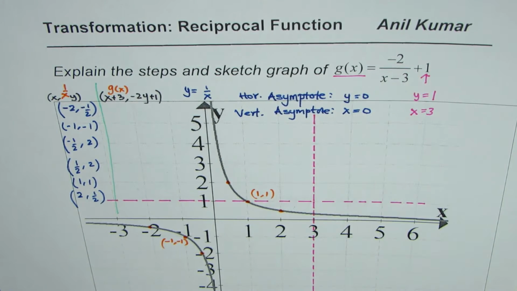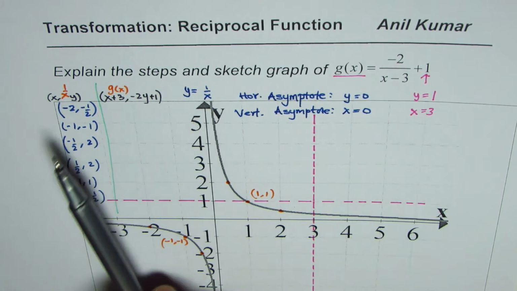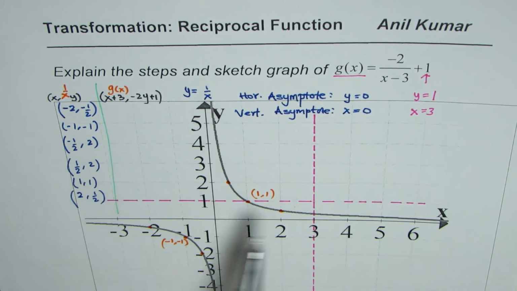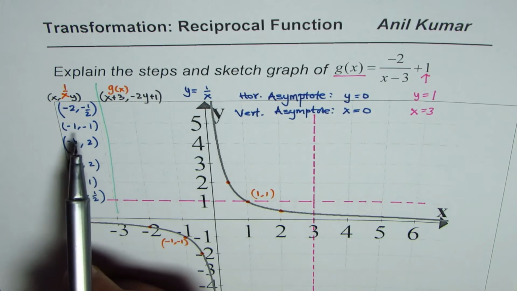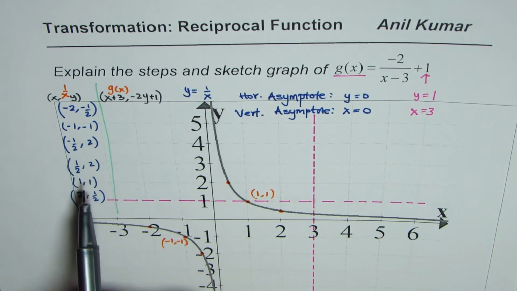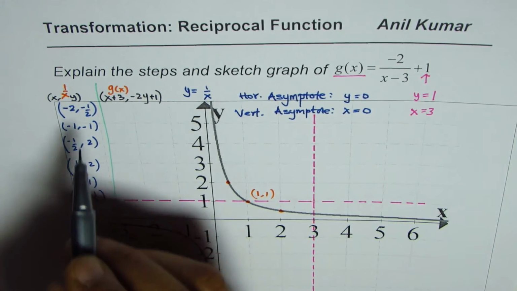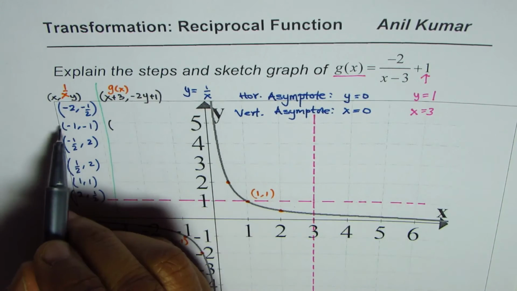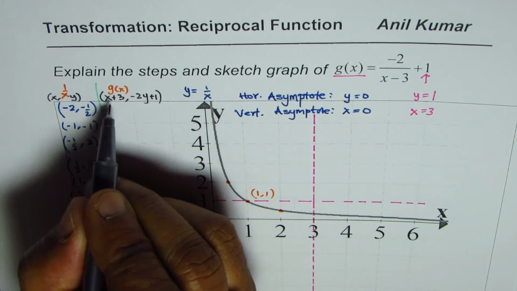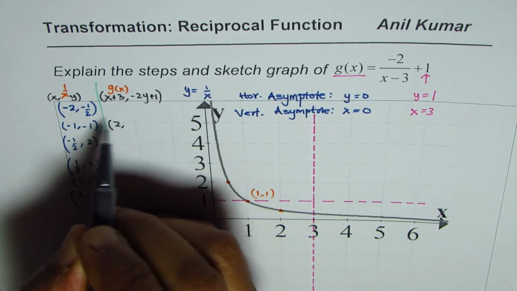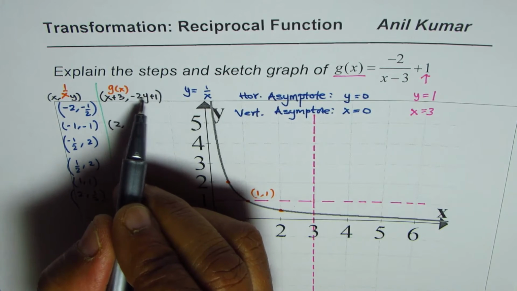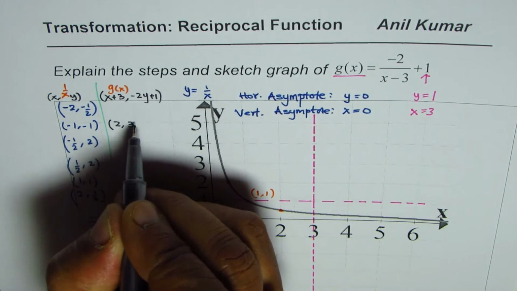Now we can do these calculations and get our points. Let me do some of them which do not involve fractions. I'll just do minus 1, minus 1. Minus 1 plus 3 gives 2, and substituting minus 1 for y, 2 plus 1 is 3.